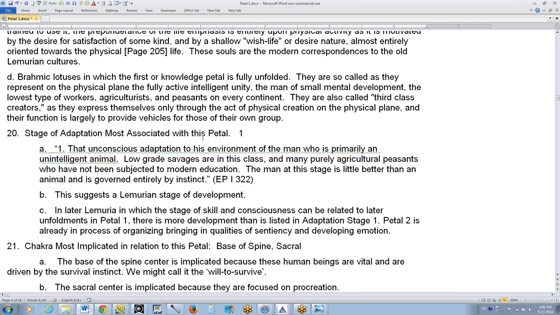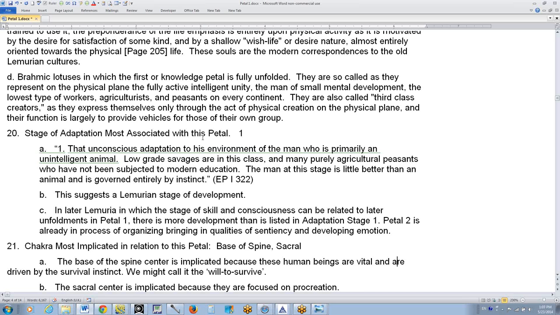All right, so we get the idea of the Lotus groups, the Lotuses of the first circle, which are connected to this first petal, either in the state of organization or unfolding.